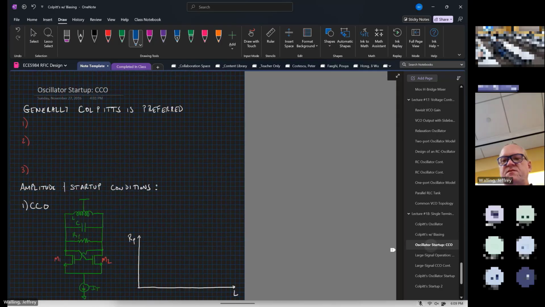Couple of points about these. Generally, the Colpitts is preferred to the Hartley. Why do we prefer the Colpitts? One inductor. One inductor, that's right.